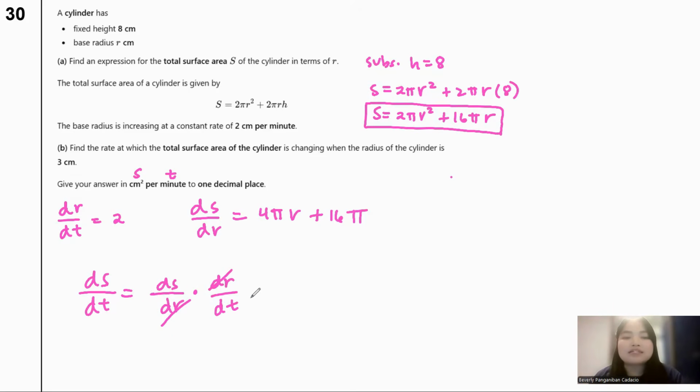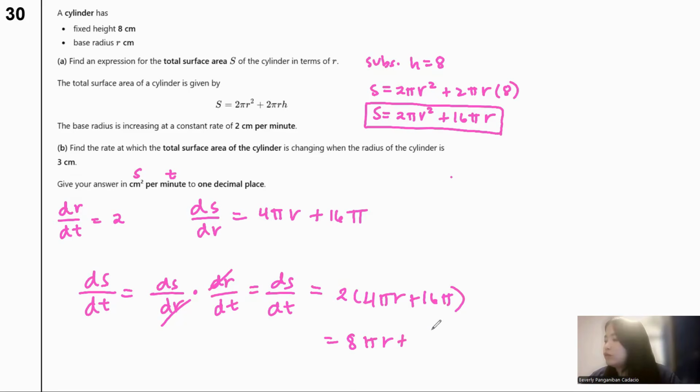So I just need to multiply these together. The final answer for my ds over dt is multiplying 4 pi r plus 16 pi by 2, which will be 8 pi r plus 32 pi.